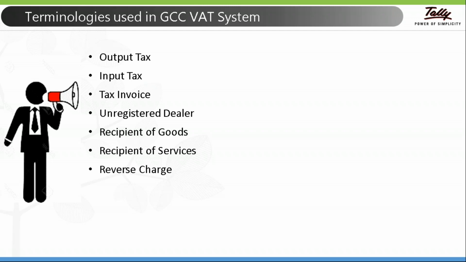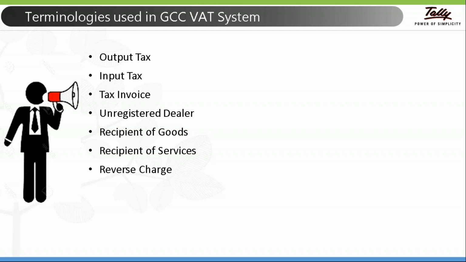to the department. Say for example, if I am purchasing some goods from an unregistered dealer, he will not charge VAT as he is unregistered. So on behalf of him, I will generate the liability and then pay that amount to the department. By doing this, I will get input tax credit.